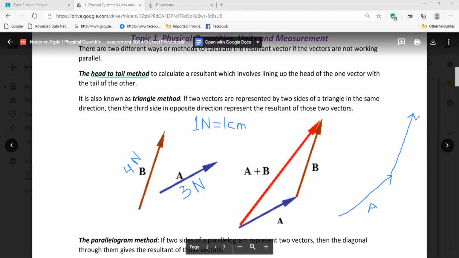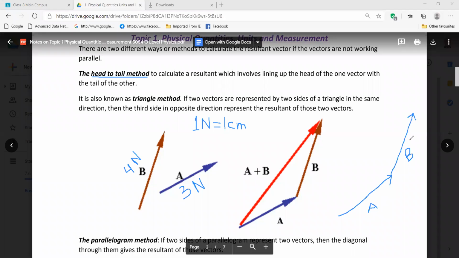The length B has and the length A has, we should take. You got 3 centimeter here, right? According to the scaling, A should be 3 centimeter, and when you draw B it should be 4 centimeter.